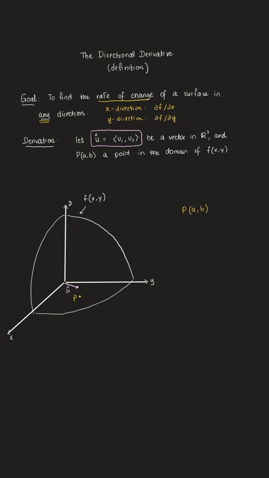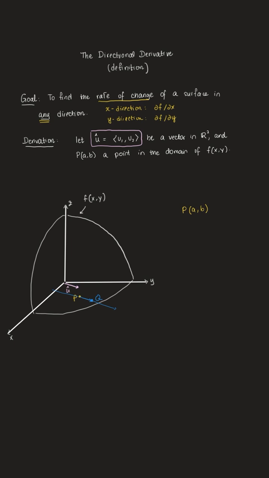And we have a point P in the domain of our surface, and the coordinates of point P are A, B. So I'm going to create a new point in my domain and call that Q. And we're going to assume here that PQ is a vector parallel to u. So we're actually looking at the line between P and Q in the direction of our vector u.